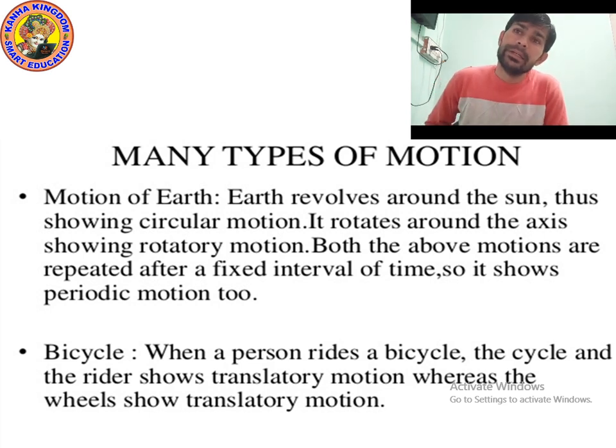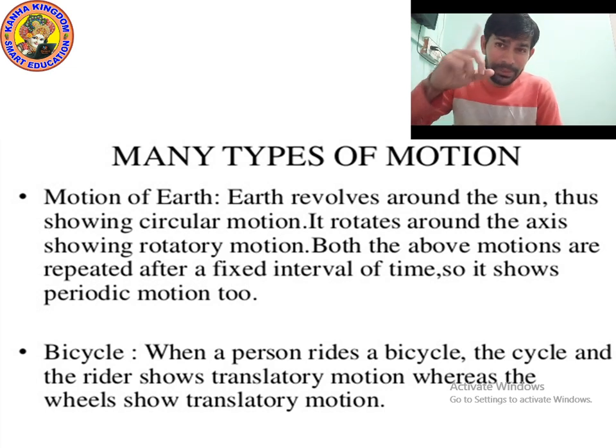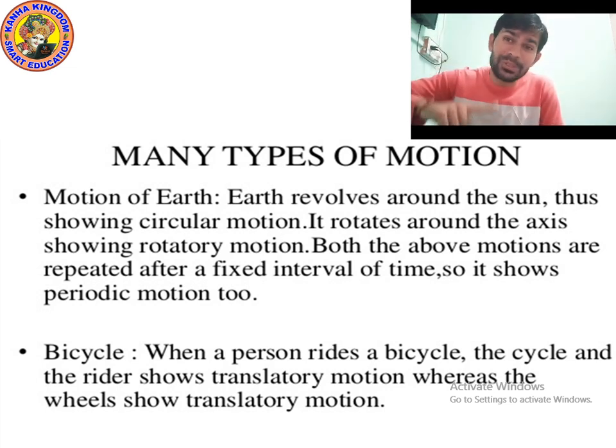And periodic motion is always circular motion, but circular motion cannot always be periodic motion. My mistake earlier, I said oscillatory.